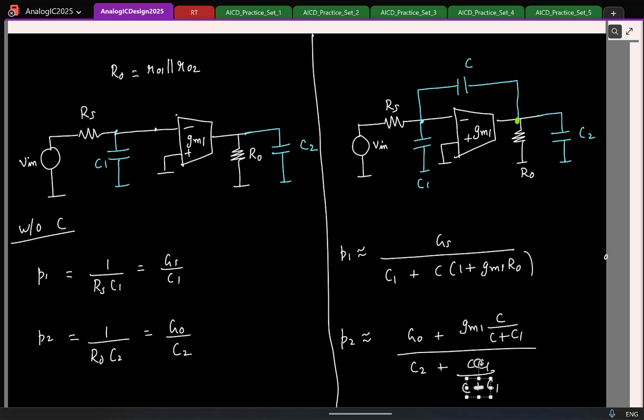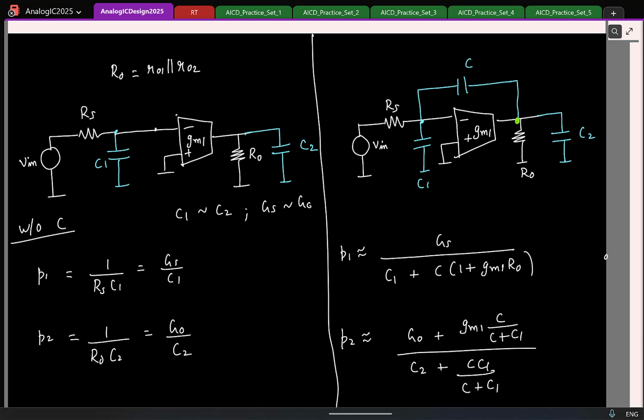Great. So yeah, one other thing. Here, when I didn't consider the coupling capacitor, these were the pole locations. Now let me assume that all the capacitances are of similar order or similar value. Similarly, the GS and G0 are of similar order.